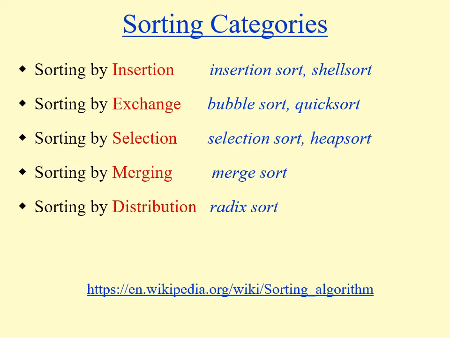Then the next one is sorting by selection, like selection sort and heap sort. We learn heap sort in this chapter, and selection sort we also learned before, maybe in some practice question. The heap sort idea is that every time we select the maximum number among the rest, or the minimum, it doesn't matter.